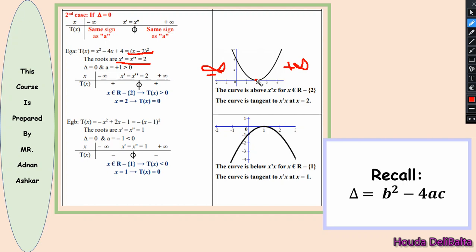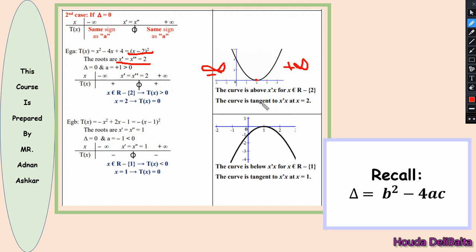But at 2, what happens to the curve? It intersects the x-axis and the x-axis becomes a tangent to that curve. So the curve is above the x-axis for any x not equal to 2. R minus {2} means any x belonging to the real number set except 2.